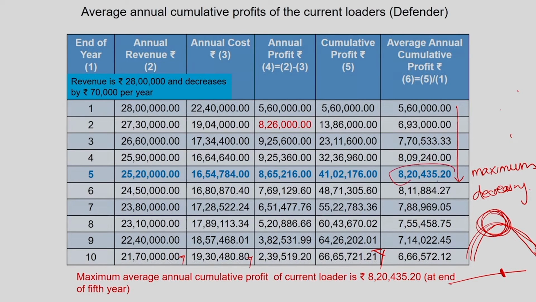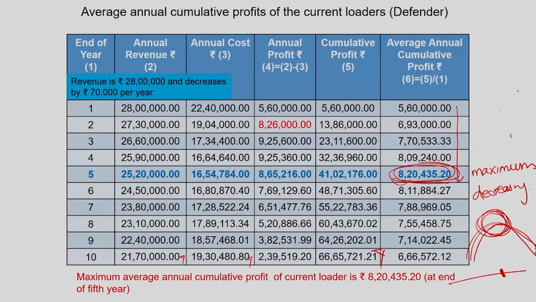That is happening in the 5th year for the current loader. So, the maximum profit we are getting in the 5th year. It means that if you are holding this machine for 5 years with you, the average annual profit for the 5 years will be 8,20,435.2. So, this is the economic life for the current loader based on maximum profit method.